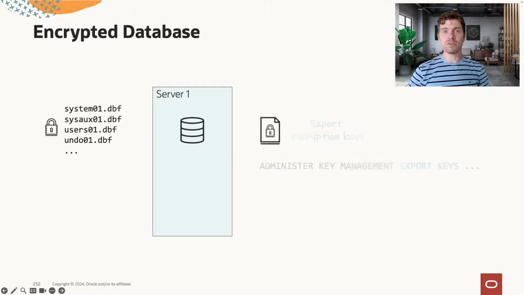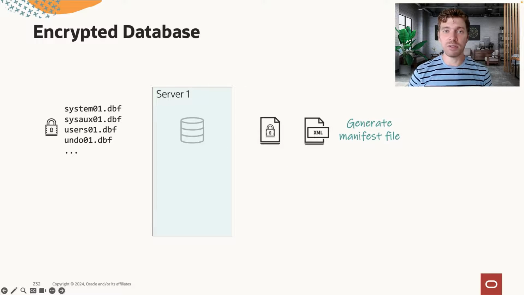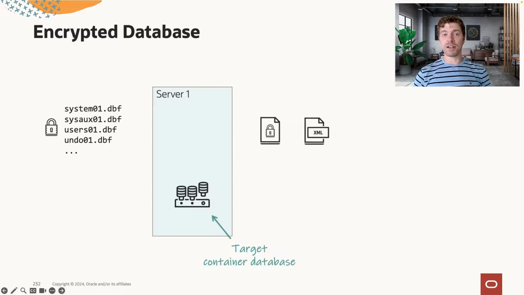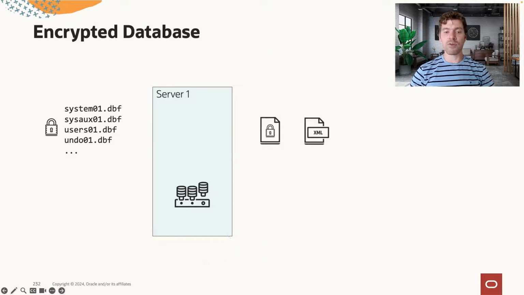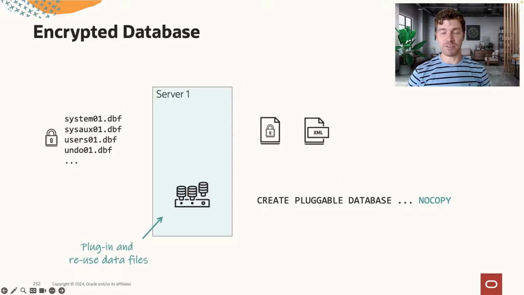Then you follow the same commands you had before. So you set your database to read-only mode, you generate the manifest file, then you shut down your database, then you go to your target container database, and you run your create pluggable database command, for example, using the NOCOPY option here, and this is gonna read the manifest file.